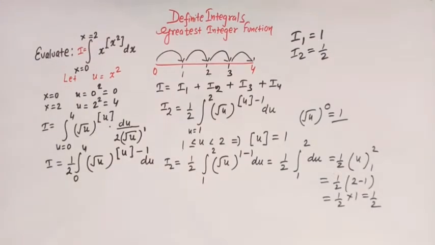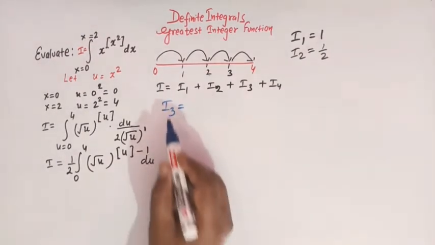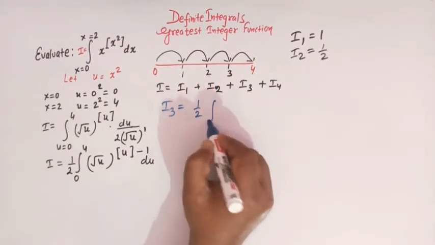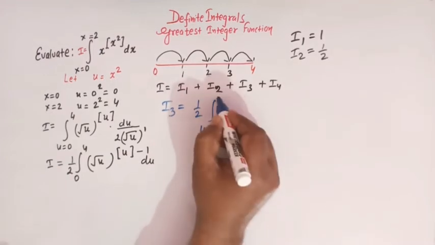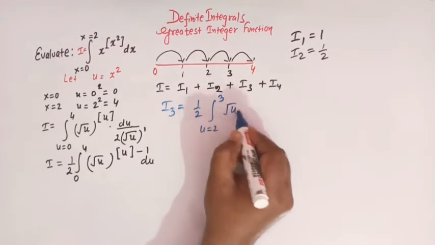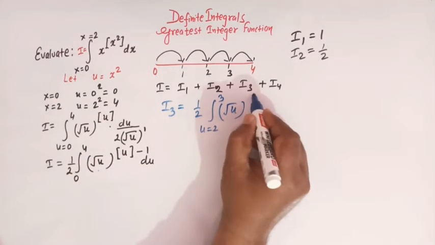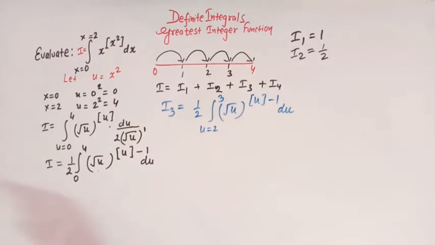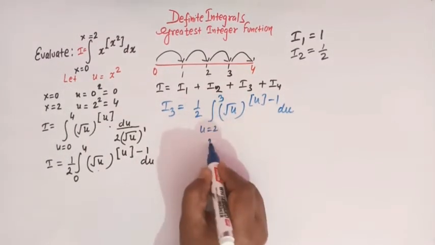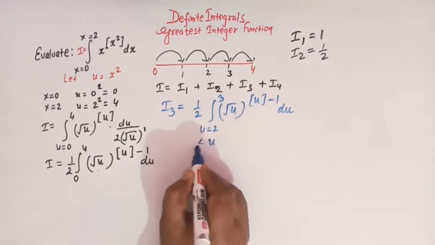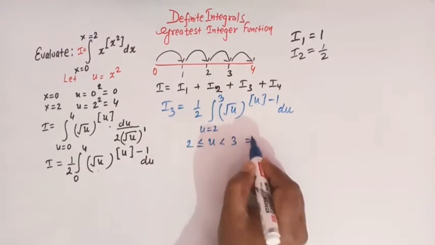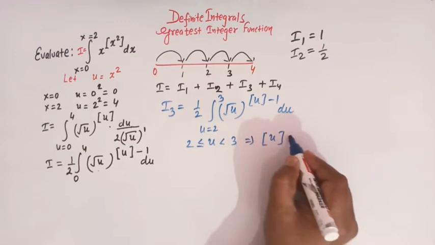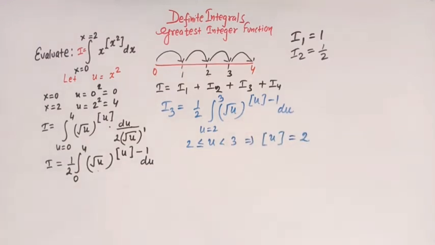Okay, now let us calculate I3. So now I3 is from 2 to 3, so we have half, u is equal to 2 to 3, and here we have square root of u raised to greatest integer u minus 1 du, right? Okay, now here we see that the value of u varies from 2 to 3, and from the definition of greatest integer function, the value of greatest integer u is equal to 2, right?